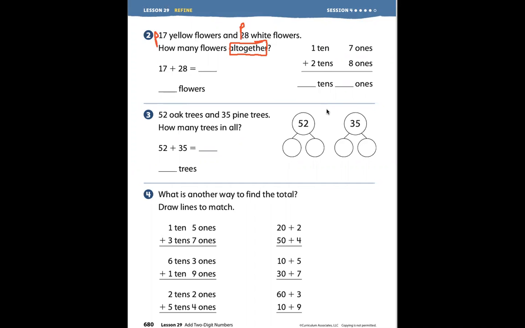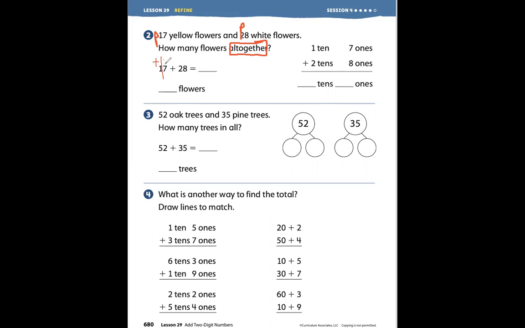So now we're going to look at this in a different way. We're going to look at it as adding tens and ones without drawing our 10 sticks and ones. So here we have 17. We are still going to look at the numbers as tens and ones.